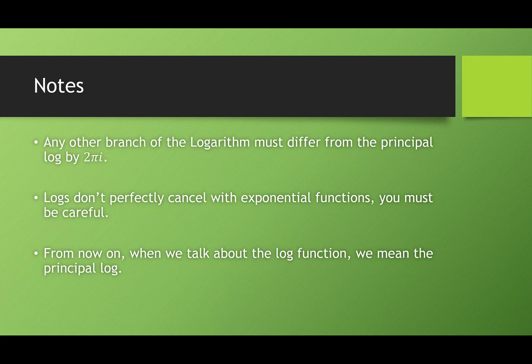So first of all, kind of like what we were talking about earlier, any other branch of the logarithm must differ from the principal log by 2 pi i. So remember what we saw was that if you have any, and let me use fancy L here, log of z had to look like ln of the modulus of z plus i times some angle function. Okay.